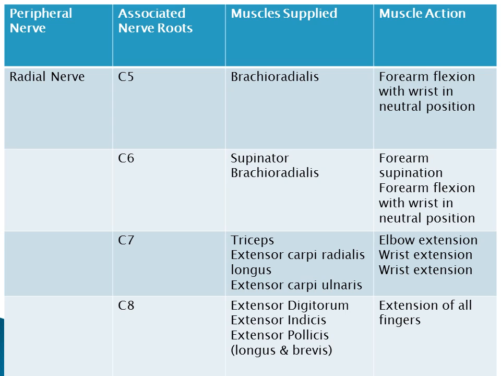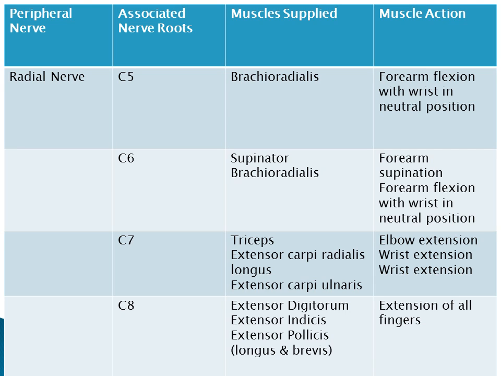Now, as I said, the radial nerve is comprised of contributions from the nerve roots of C5 through C8. The C5 contribution to the radial nerve serves primarily the brachioradialis muscle. The brachioradialis muscle is involved with forearm flexion, with the wrist in a neutral position.